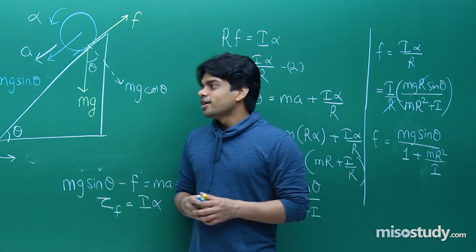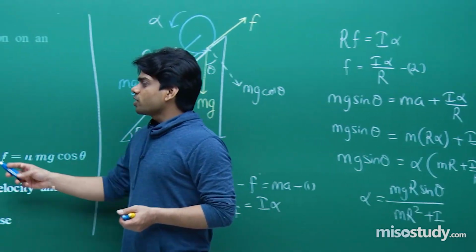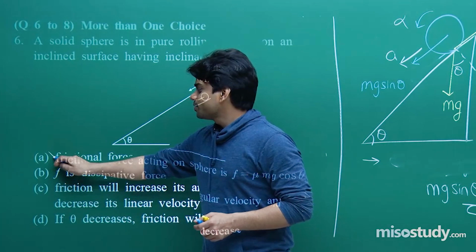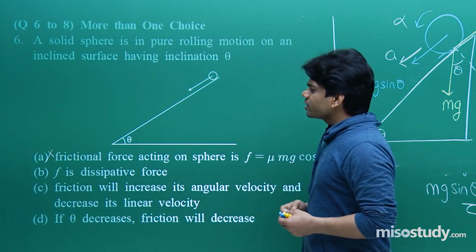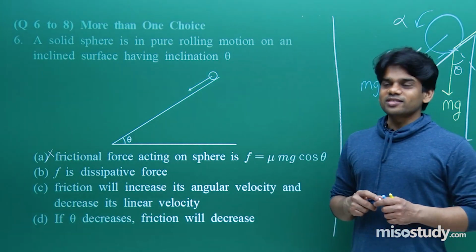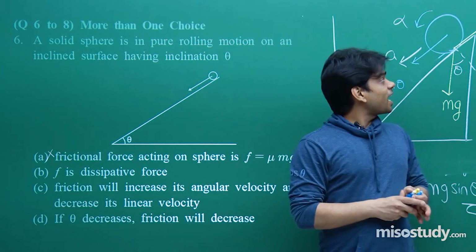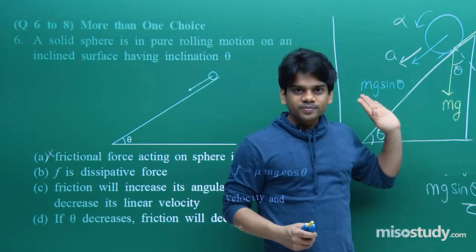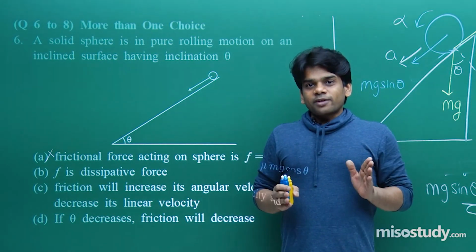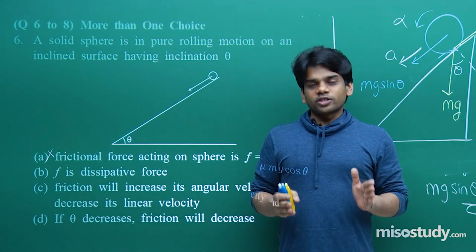Now let's go ahead. First option of frictional force acting on the sphere is F equal to mu mg cos theta. No, this is incorrect. B, F is a dissipative force. First of all, in this case, once again, try to understand. Frictional force is acting at the bottommost point. At every point of contact, there is no displacement due to frictional force.